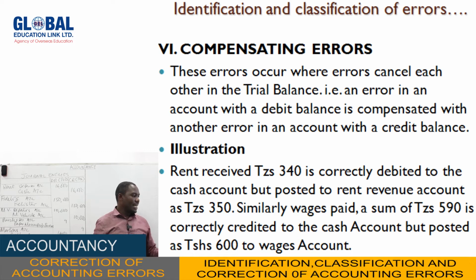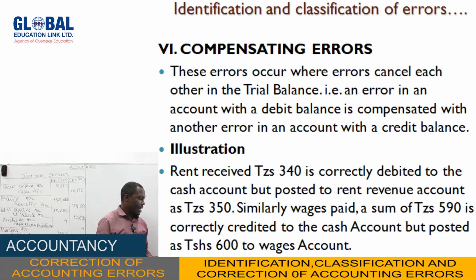We are told that similarly, wages paid. Wages has a debit nature. It was a payment of wages amounting to 590, correctly credited to the cash account, but posted as 600 TZS to the wages account.